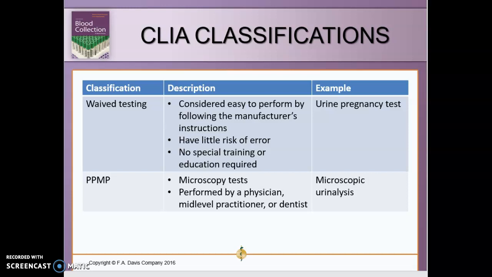Moving forward, we have our PPMP. This is a microscopy test performed by a physician, a mid-level practitioner, or a dentist. PPMP must meet the moderate complexity requirements, and an example of this is a microscopic urinalysis.